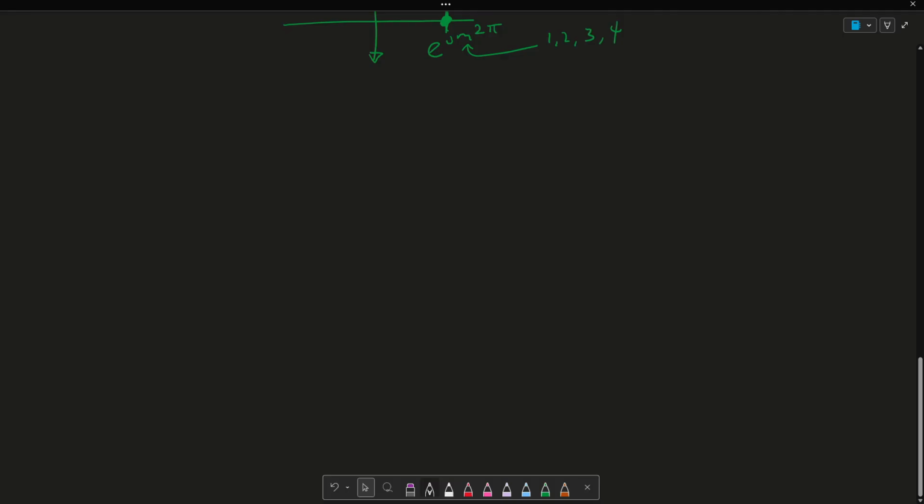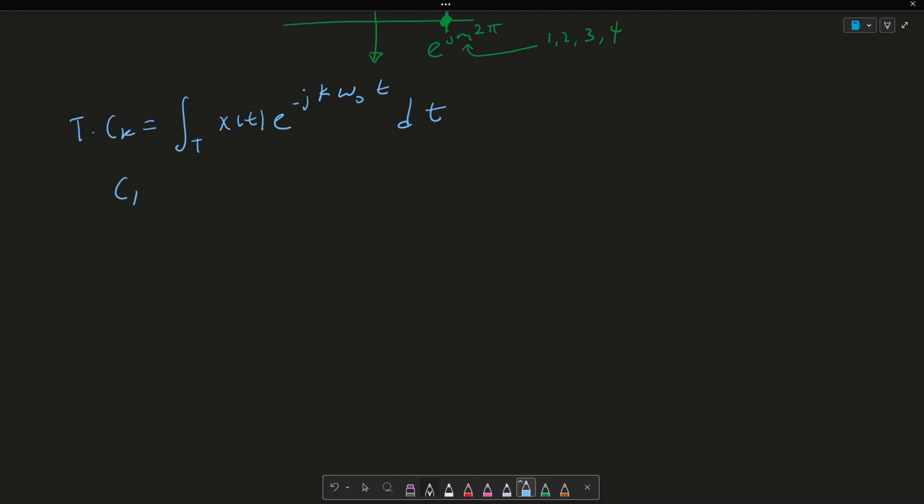All right, we can say then that T times ck is simply equal to the integral over T of x of t e to the minus jn omega naught t dt. Again, this n here can also be considered k. So I'm going to go ahead and just change it to k.